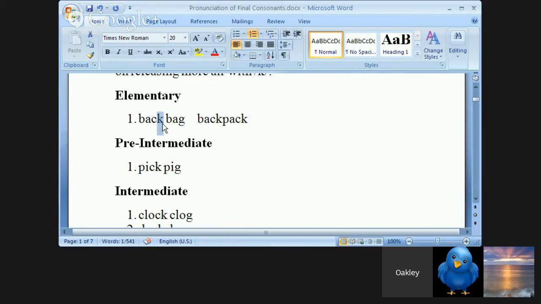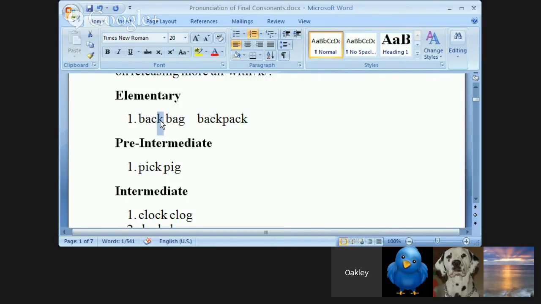So I'm moving my tongue up there, and my tongue is in the top of my mouth where it normally goes, but then instead of dropping it down and making a sound, I just go straight to this B sound, back, bag. All right? So it's a little tricky when we're pronouncing the final sounds in words, because we pronounce them differently, so we can more closely join our words together.